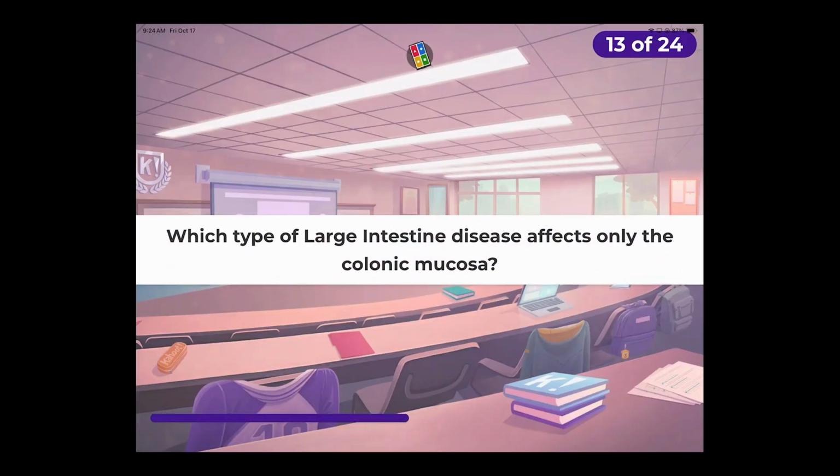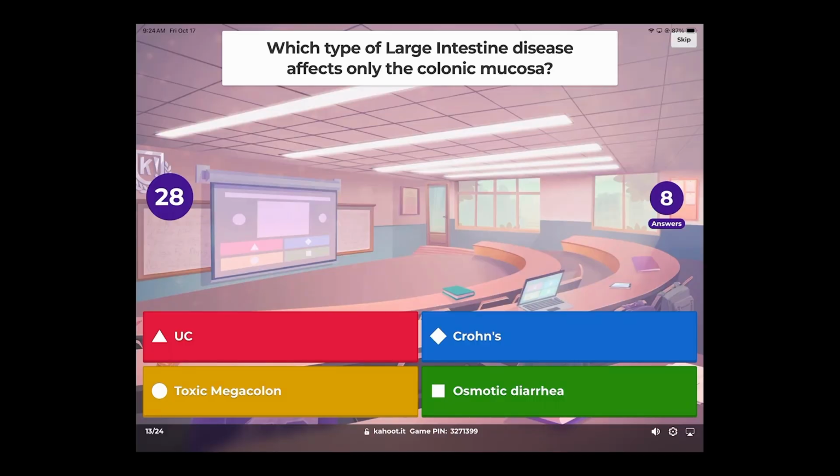Which type of large intestine disease only affects the colonic mucosa? Just the mucosal layer.